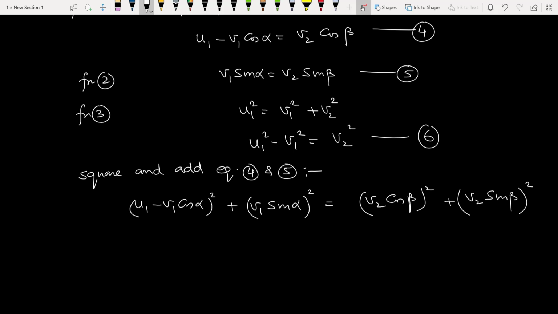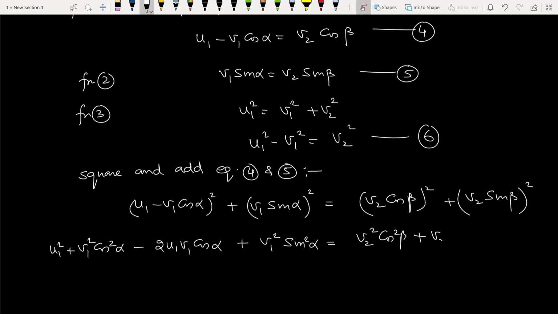When we solve this, we will get u1 square minus 2u1 v1 cos alpha plus v1 square cos square alpha plus v1 square sin square alpha equals v2 square cos square beta plus v2 square sin square beta. Out of these terms, v1 square will be common, and inside it will be sin square plus cos square, so it will be v2 square.